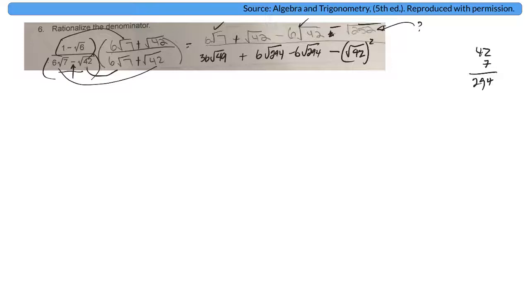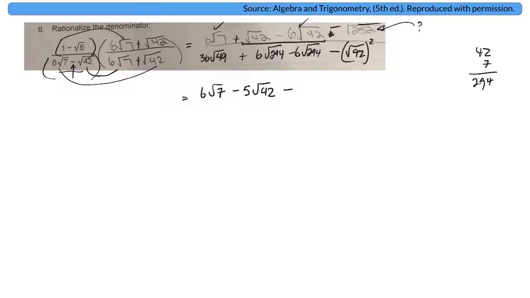Okay, so let's see what we have. On the top, I have 6 root 7. And then these are like terms, aren't they? That was sort of cool. So that would be a minus 5 root 42. And then this minus 252. Let me just think.